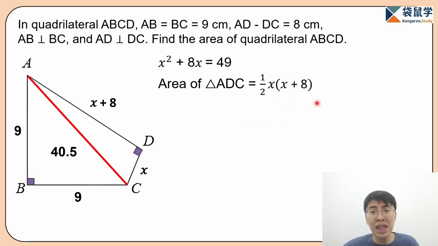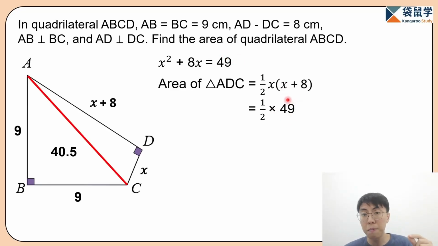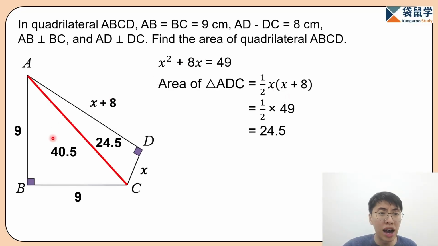Oh, we notice that this part on the right is essentially just our 49 out there. So we can substitute it back in and put it over here. And now, what is the area of ADC? It is just going to be 24.5. So now I know that this part is 24.5.